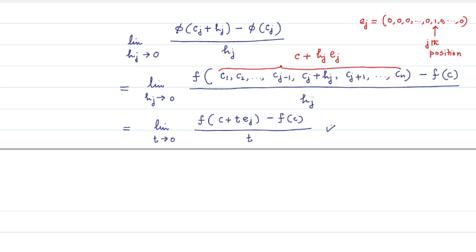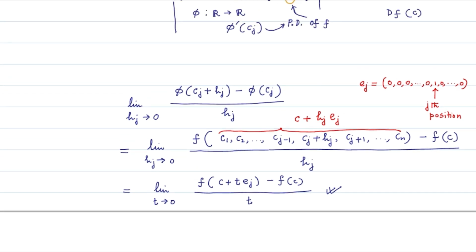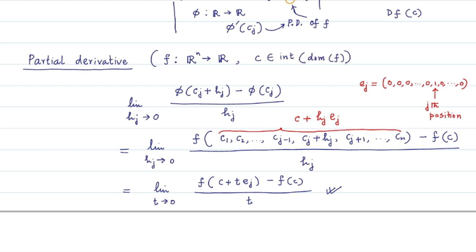If this limit exists, then that limit value is called the partial derivative of the function f at the point c with respect to the variable xj.